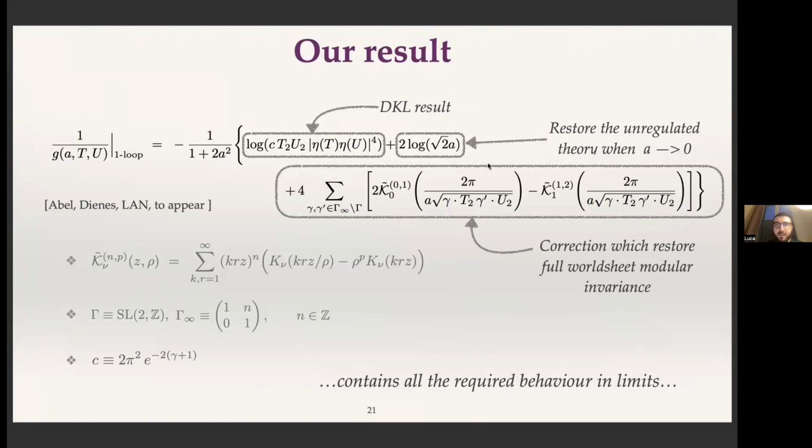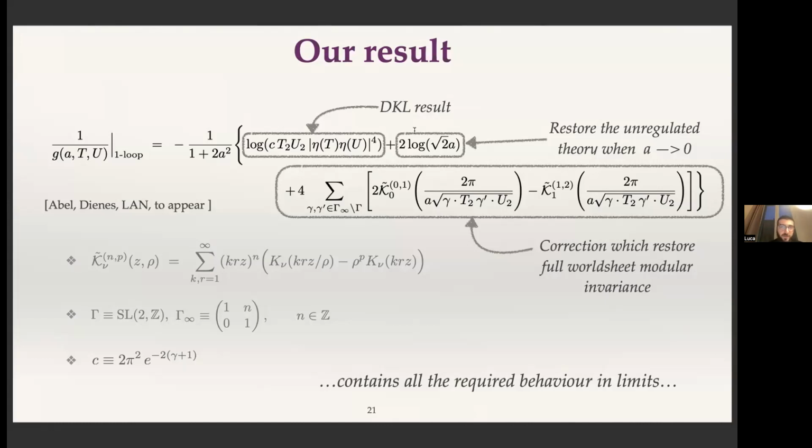In particular, there is this logarithm, which is something that we expect, because I recall that when we take the A goes to 0 limit, the regulator is roughly 1. We are restoring the unregulated theory.